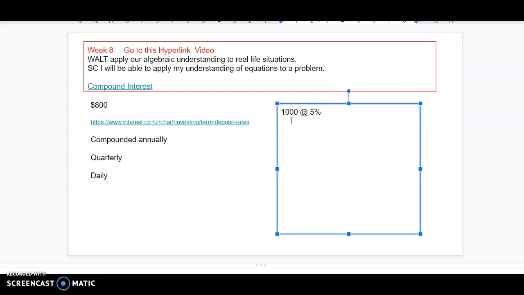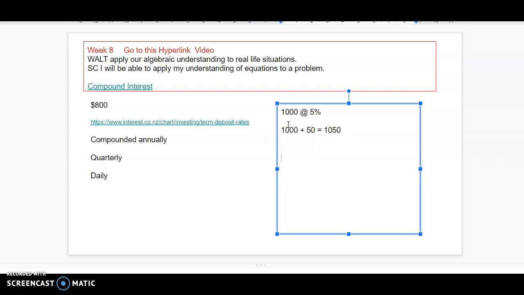Then compounding annually is really, really easy. If I compound $1,000 with 5% interest over the year, that's $50. So my new investment the following year is going to be $1,050. Then you need to calculate that each year. So now it's $1,050 at 5%, and so on, over 12 years.